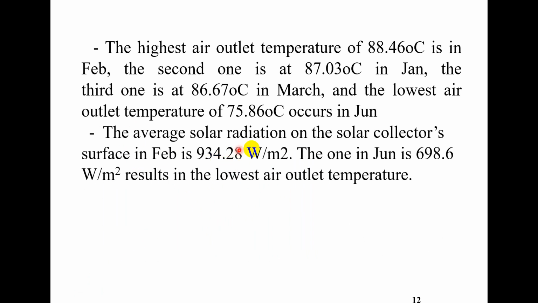You can see the radiation on the collector that we obtain from the simulations. In June, you can see that the solar radiation is lowest. Therefore, we have the lowest outlet air temperature.